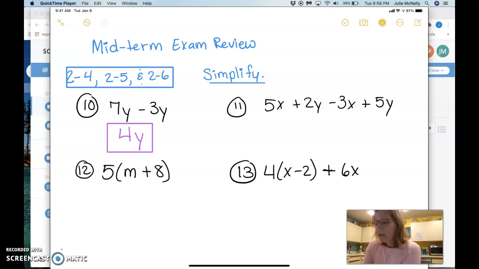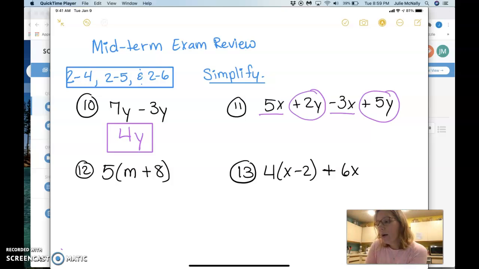Number 11, I'm going to want to underline or circle my like terms so I don't get confused when I have a lot of like terms like this. So I'm going to underline my x's and circle my y's, and notice that I include the sign that's on them so that I do the right thing when I'm putting them together.